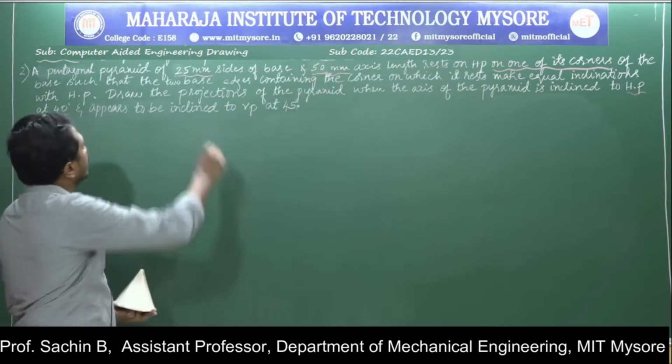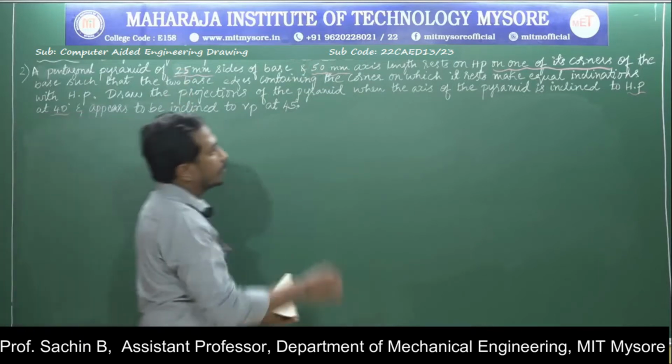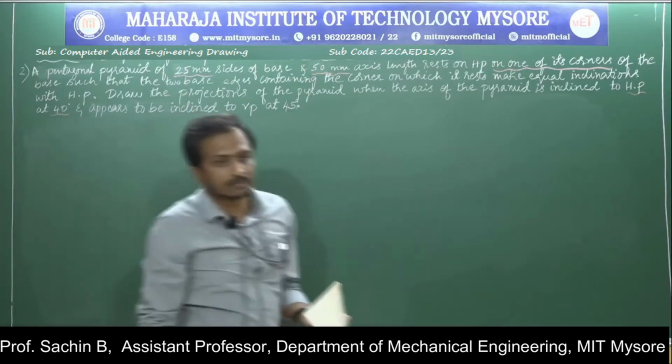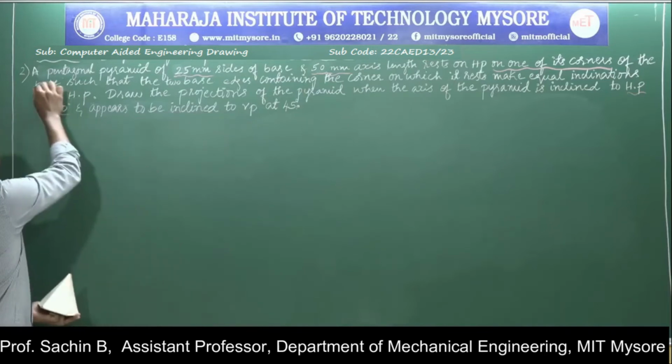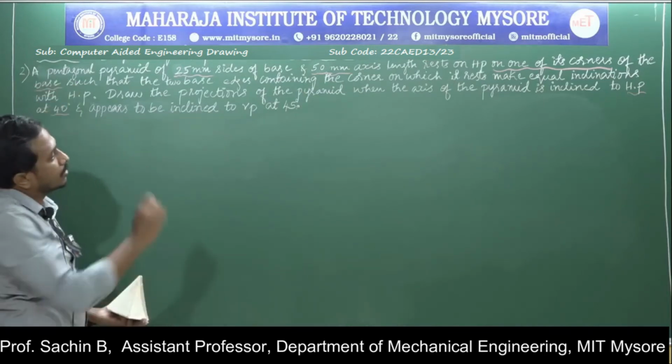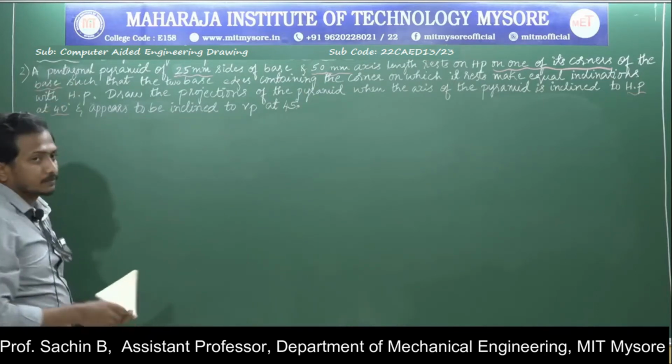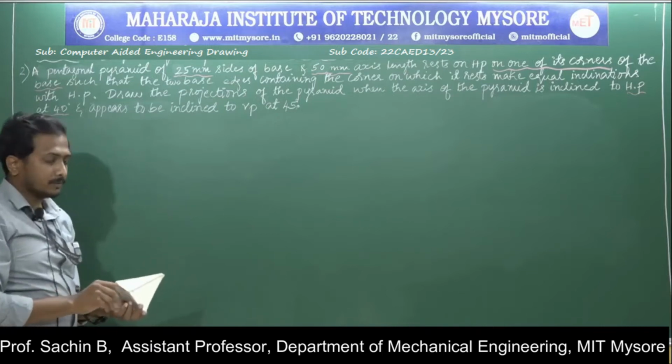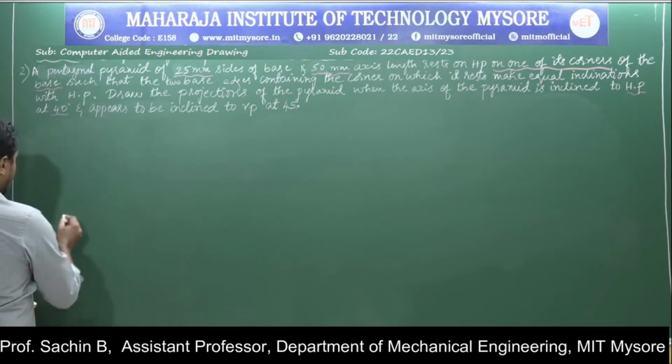Underlining the important key points in the question: 50 mm axis length and one of the corners of the base on HP. It is resting on one of its base corners on HP. Now I will go for drawing the axis line.